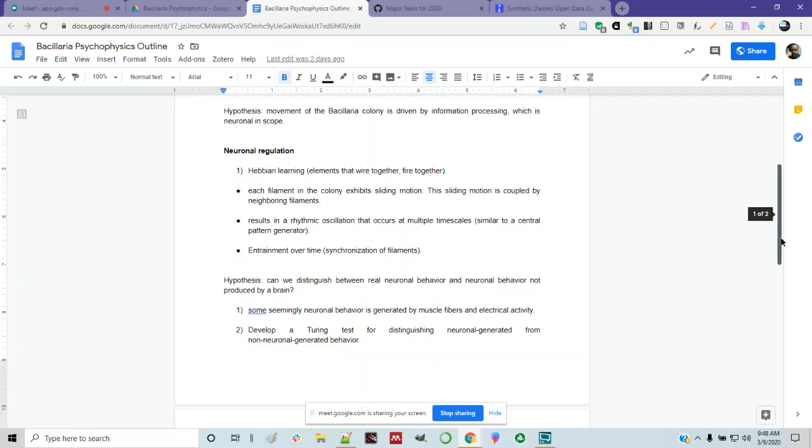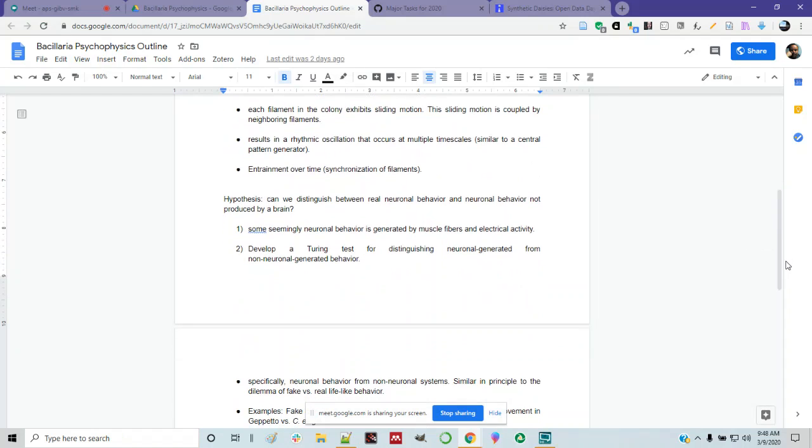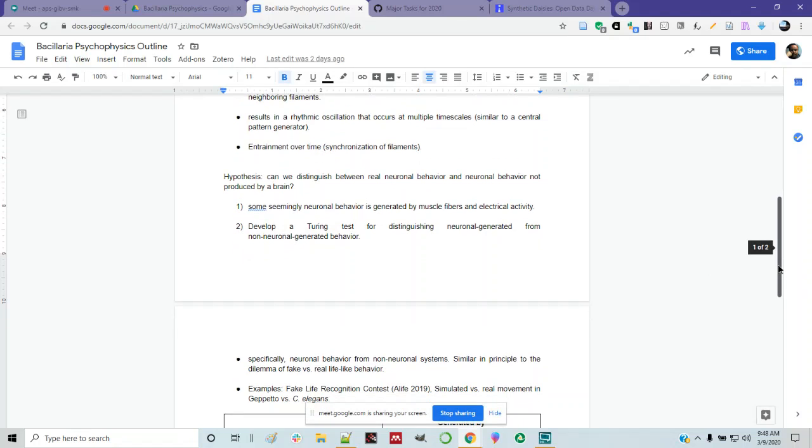And then there's a hypothesis, and we distinguish between real neuronal behavior that's produced by a brain and neuronal behavior defined by these points up here, not produced by a brain. A couple of people have proposed things along this front.